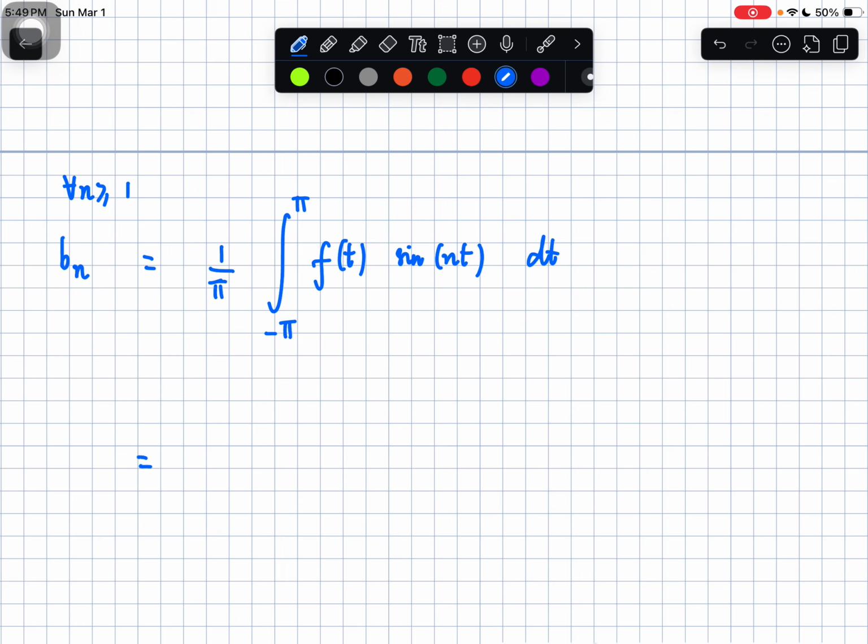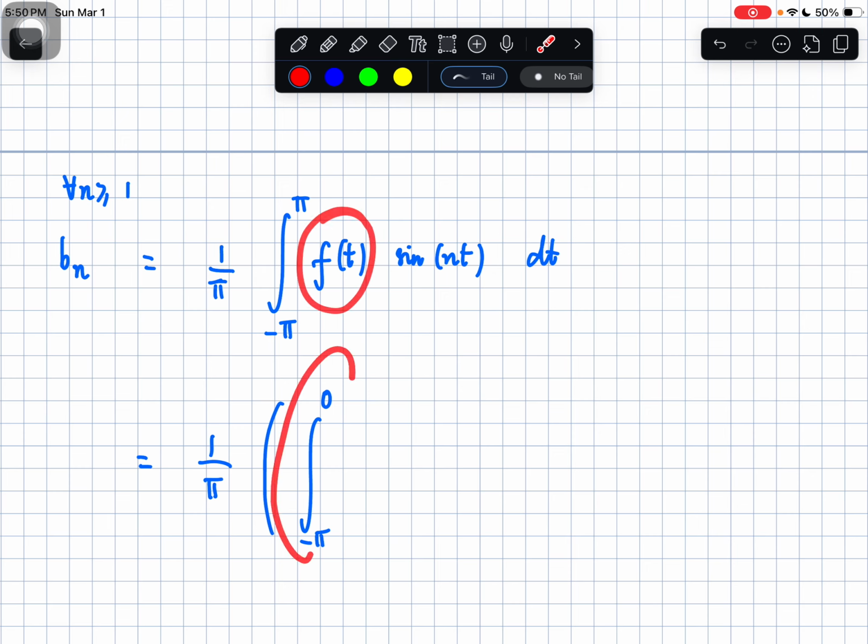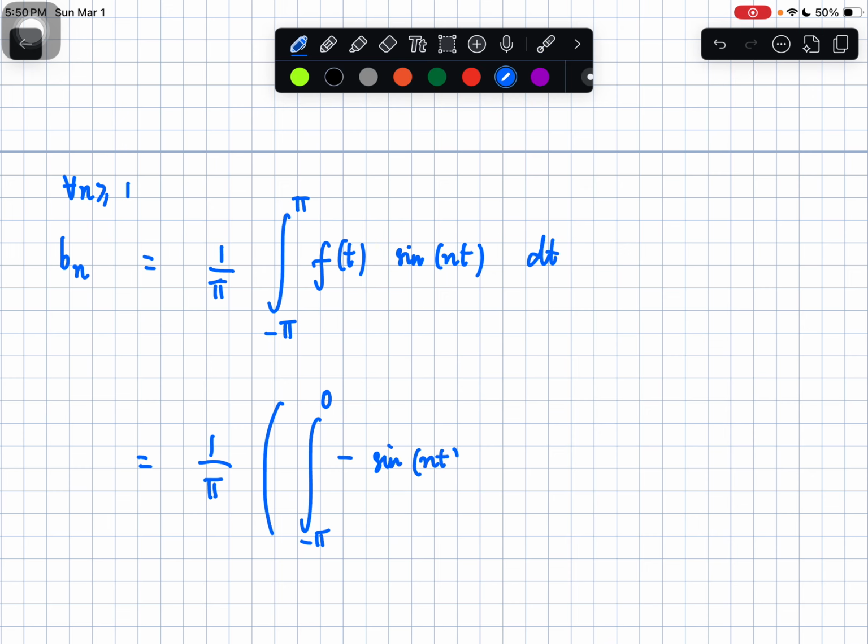So you do the same thing as before. Break that into two intervals. And now I do it quickly. For ft on this interval is minus 1. On the other interval is plus 1.